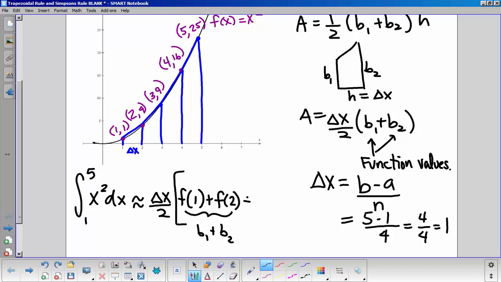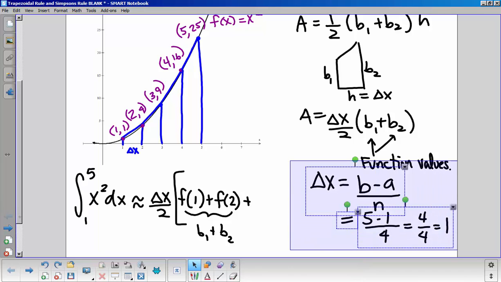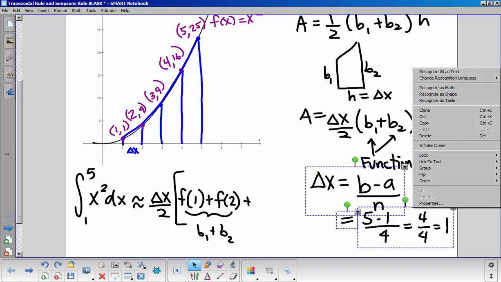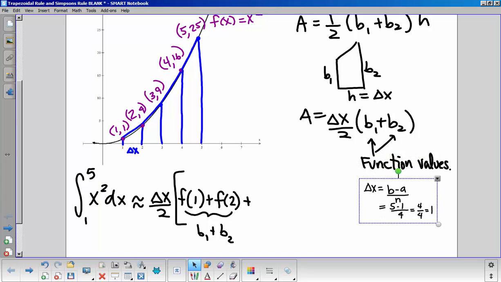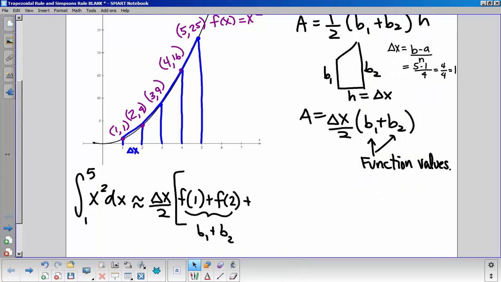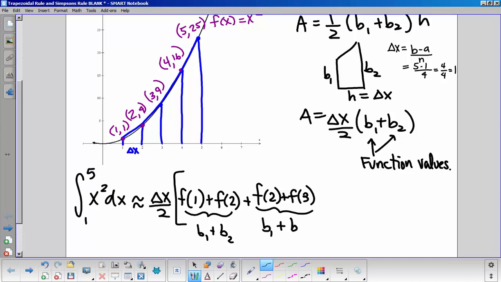What's the second one? f of 2 plus f of 3. Yep. Plus f of 2 plus f of 3. So that's base 1 and base 2 for the second trapezoid.